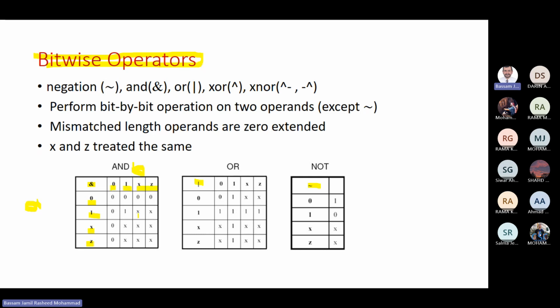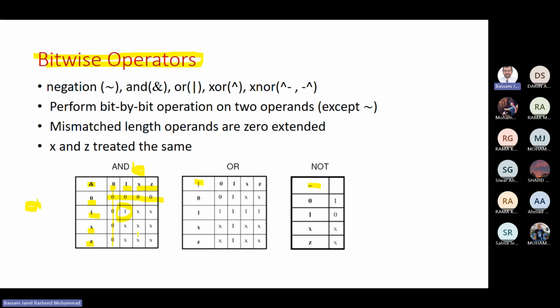So what are the outputs? Well, if one of the variables is a 0, you can expect the result to be a 0. But if the two bits are ones, then the result would be 1.